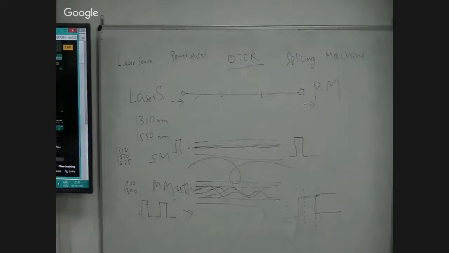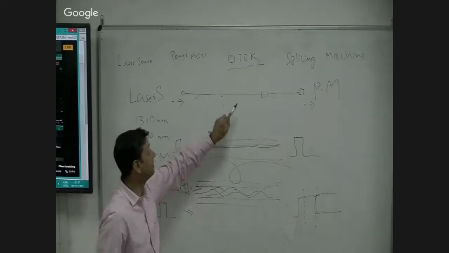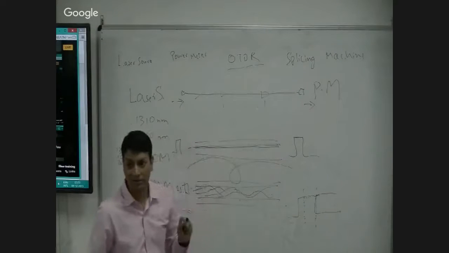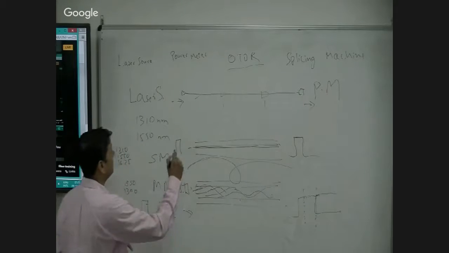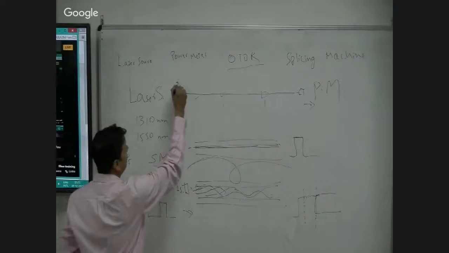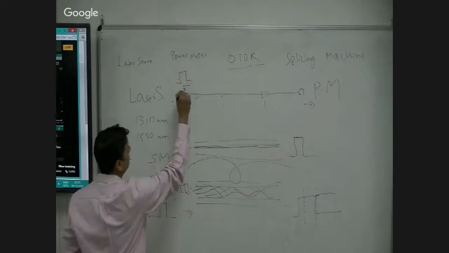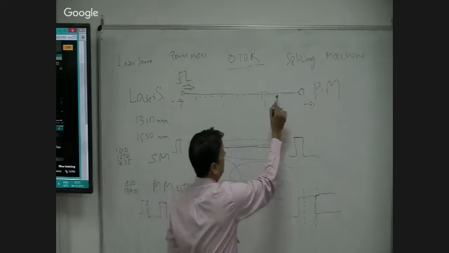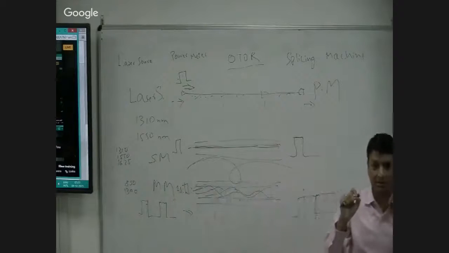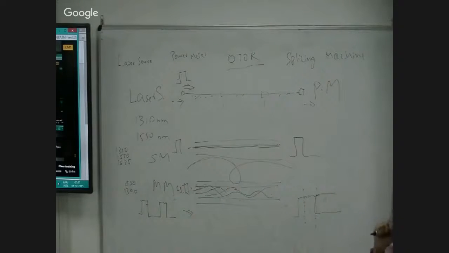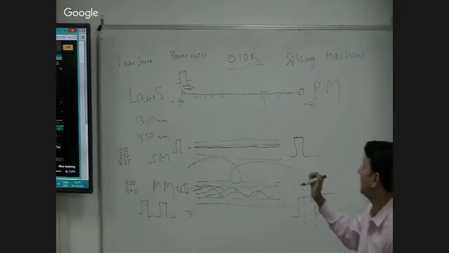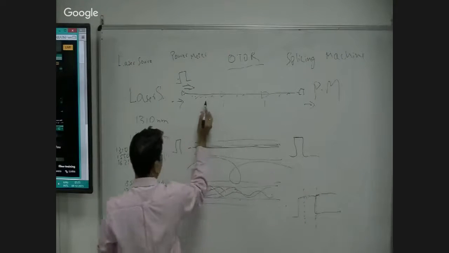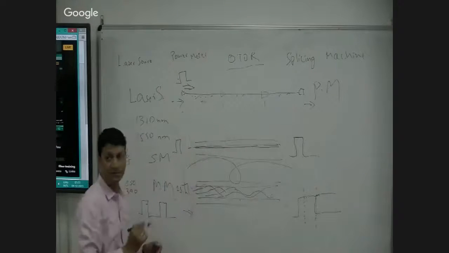And attenuation also plays a lot of role. Any connector is going to have an attenuation. So how it works: you have a pulse of light which is going through in the forward direction. Your cable has some impurities. The glass in it has some impurities. So that causes a little bit of reflection back.